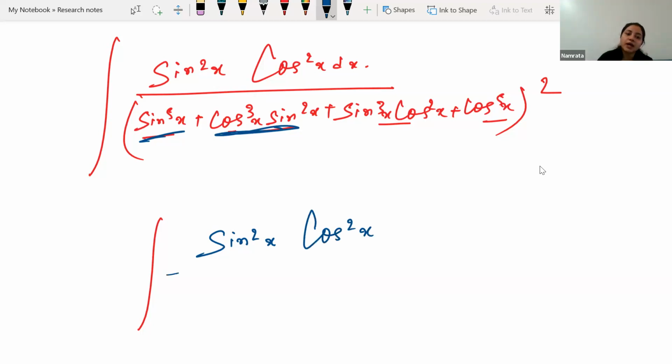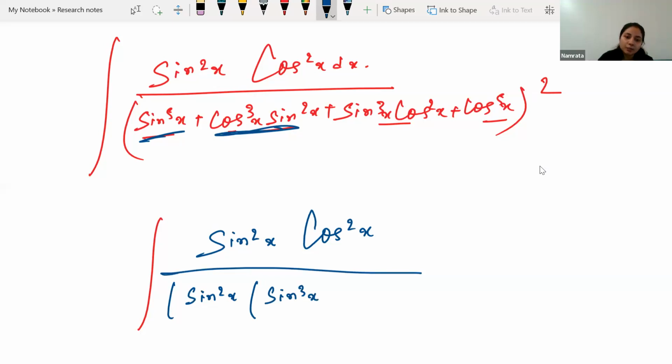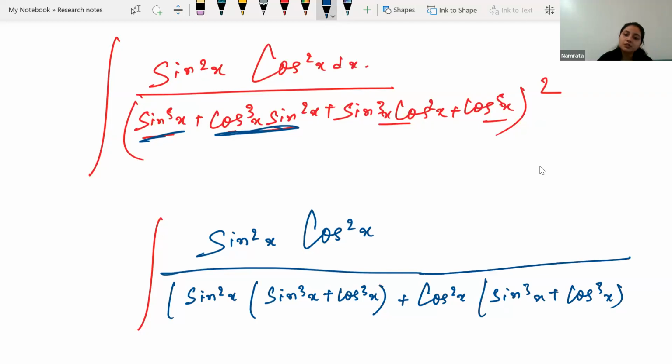From the first two terms, I can see that if we take out sine square common, we will be having sin^3 x + cos^3 x. And from the second two terms, if I take cos square x common, then again it is giving us sin^3 x + cos^3 x. Yes, we are able to factorize it.